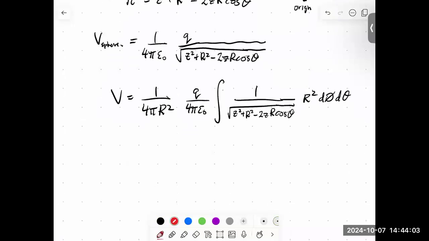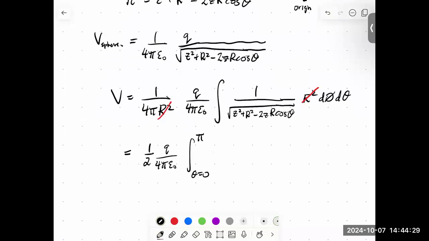And in fact, we can cancel these r squareds. The 2 pi partially cancels with this 1 over 4 pi, so we're going to get a 1/2 q over 4 pi epsilon naught. Now we have the integral of theta equals 0 to pi.